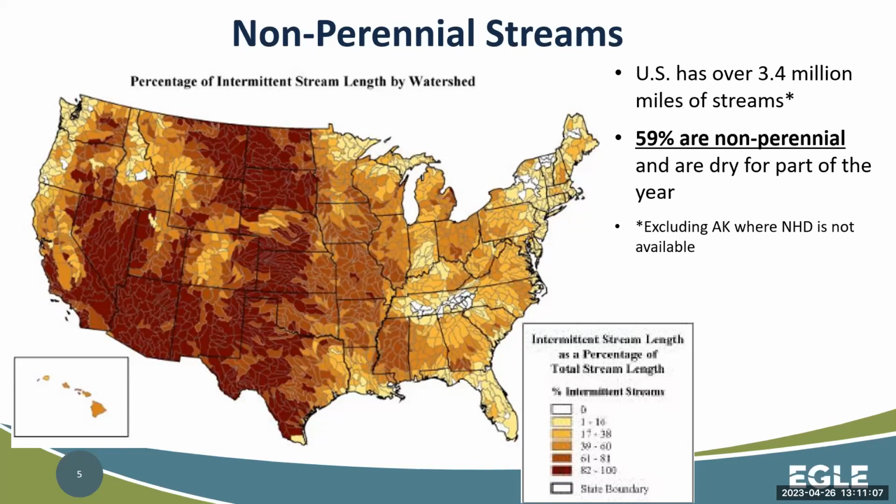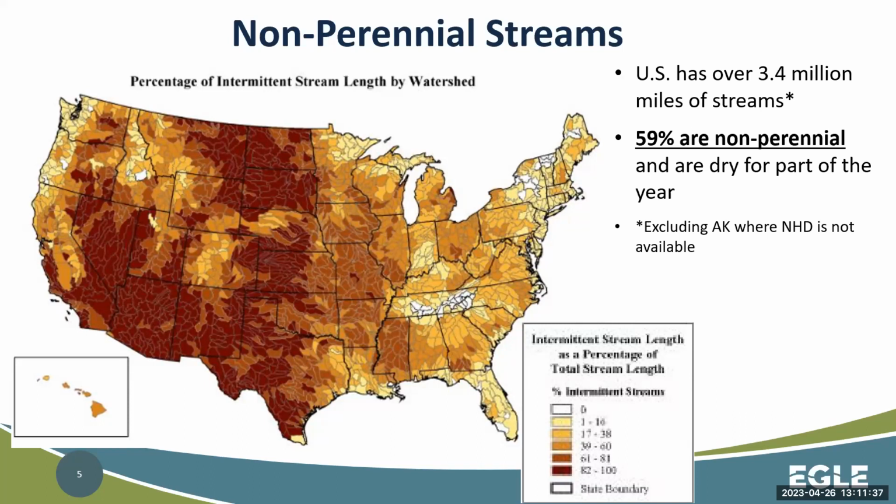You can see those darker colors, where you have over 80% non-perennial stream channels, are heavily dominated in the arid West and some of the Great Plains areas. And if you look at Michigan specifically, in at least a third of the state, the map indicates that non-perennial streams make up somewhere between 40 and 80% of the total stream miles.